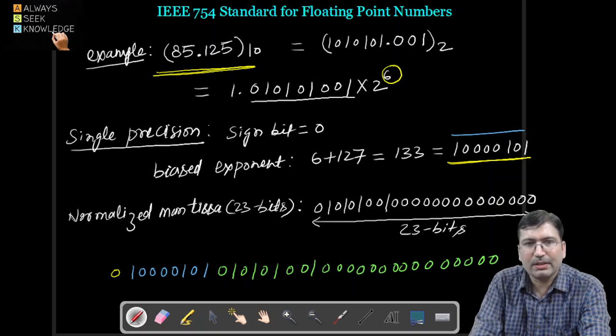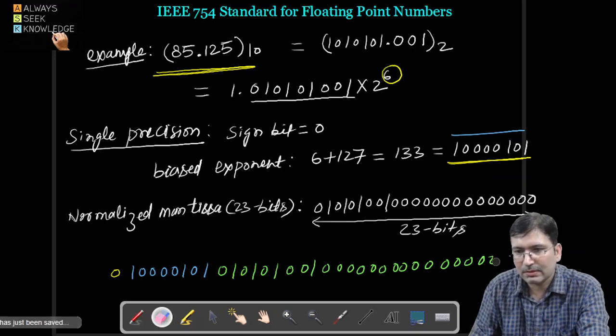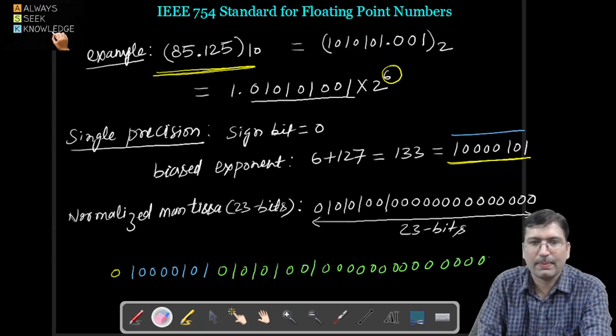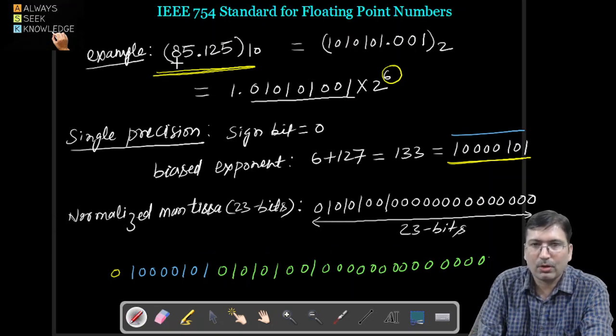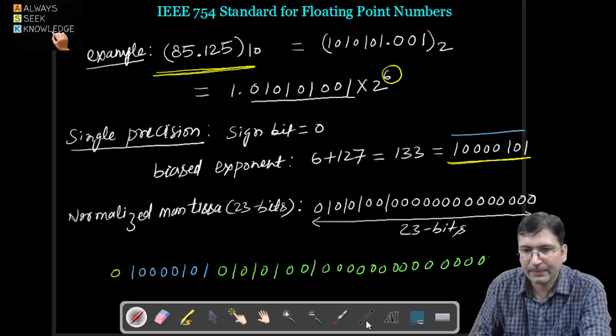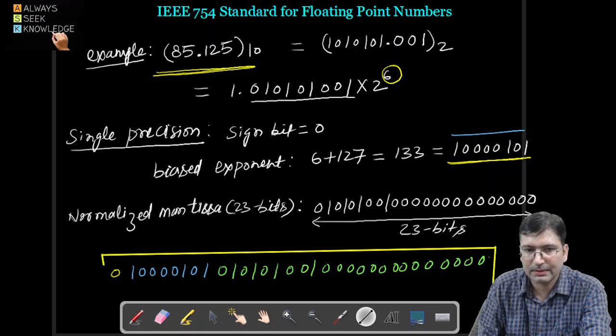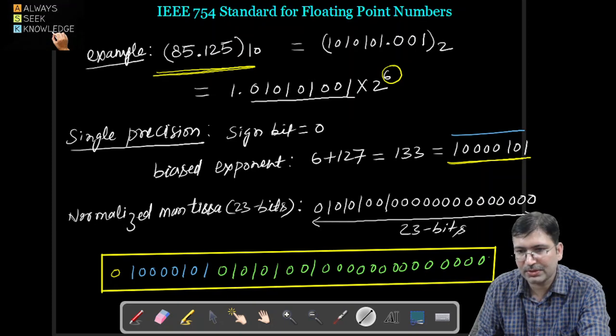So this is extra, so I'm cleaning the last. This is the representation of the given number 85.125 in single precision format. This is the representation in IEEE 754 single precision format.